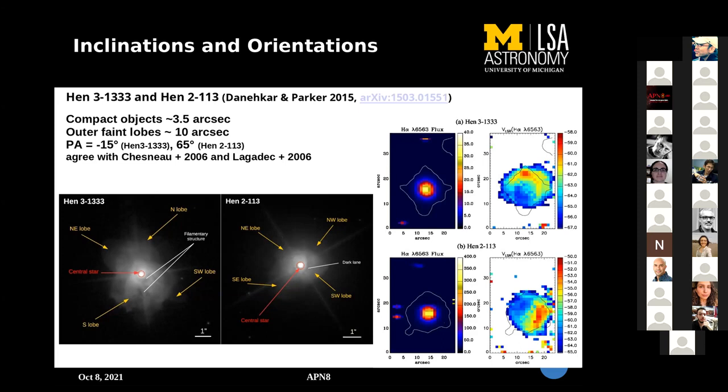These two objects are around very young Wolf-Rayet stars, and previous studies used high resolution imaging from the Hubble Space Telescope. There is good agreement between the orientation we see in WiFeS and what we see in the Hubble Space Telescope.